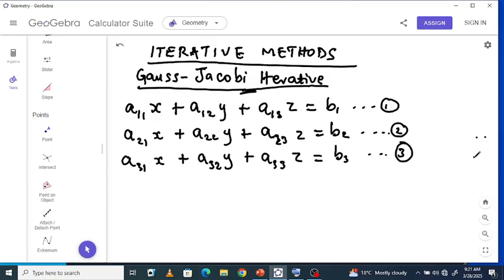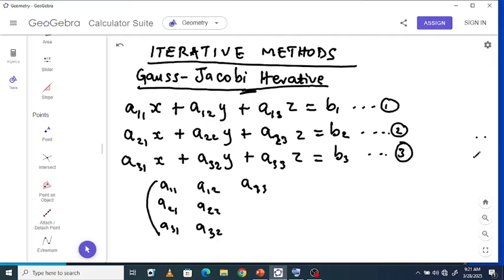And we can comfortably write this as a matrix. That is, if we want to, we can have a11, a21, a31. Then we will have a12, a22, a32. We have a13, a23, a33.